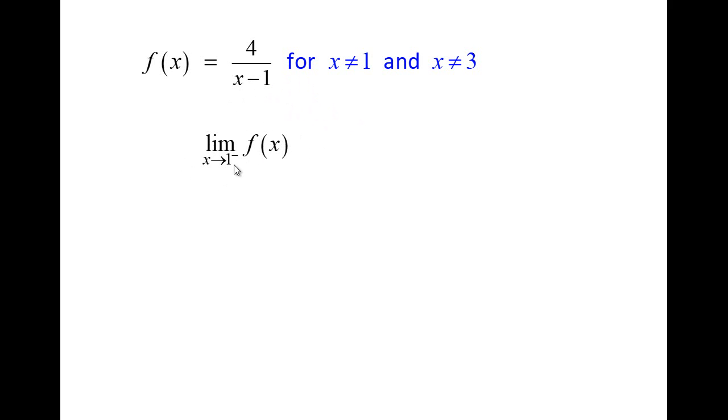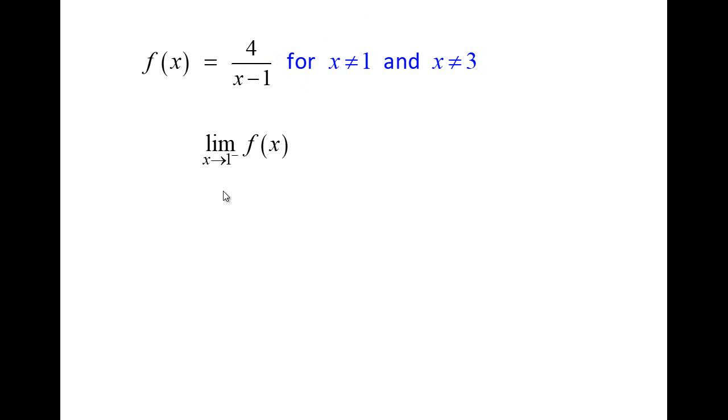As x goes to 1 from the left, what can I say about f of x? Does it increase without bound, or does it decrease without bound? Well, the way we can tell that is the following.